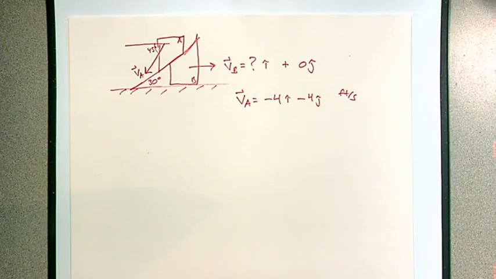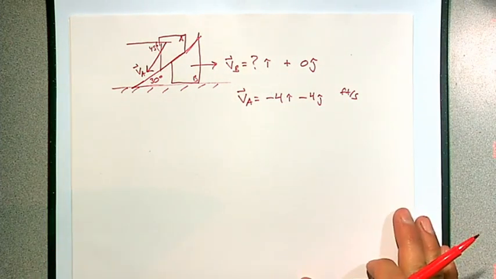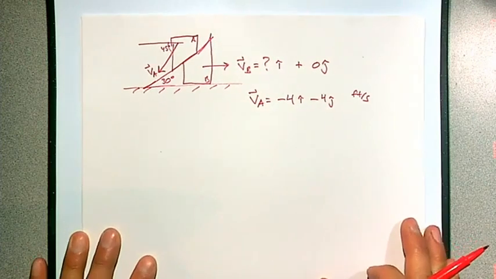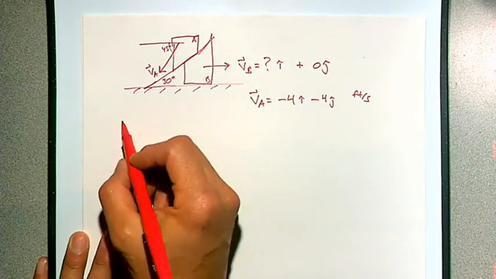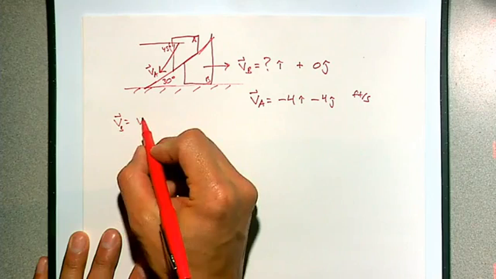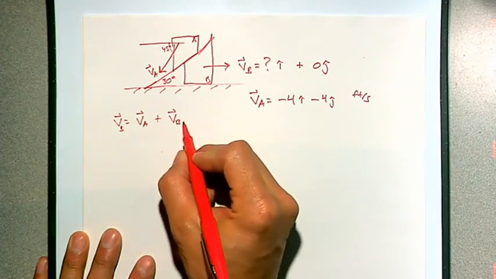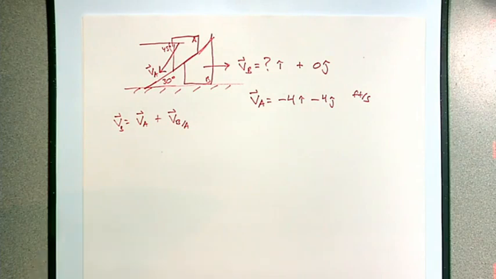How do we deal with this mismatch between them? Well, what do we know about relative velocities? We had that v of B is equal to v of A plus the velocity of B relative to A. That's the equation we just had.